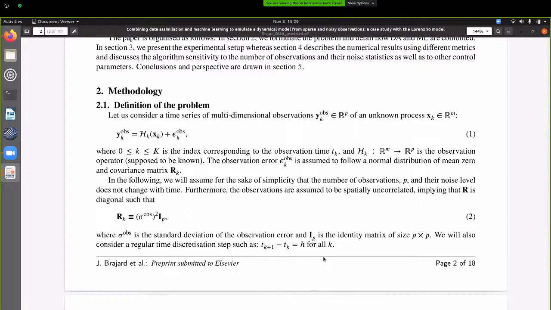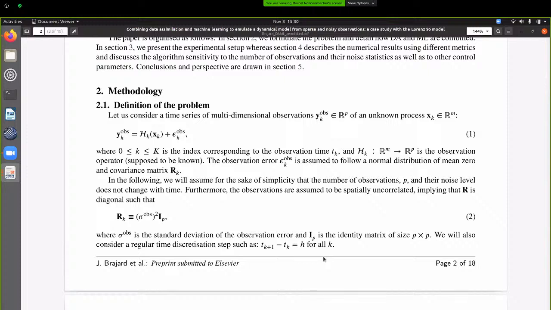Yeah, that was my question, because in the implementation that you were going to explain, it seems that this H operator is just a sampling operator, and not a linear combination of the x's, but just, as you explained, some of the x's are set to 0, right? Yes. In principle, this type of algorithm can handle more complex H operators.